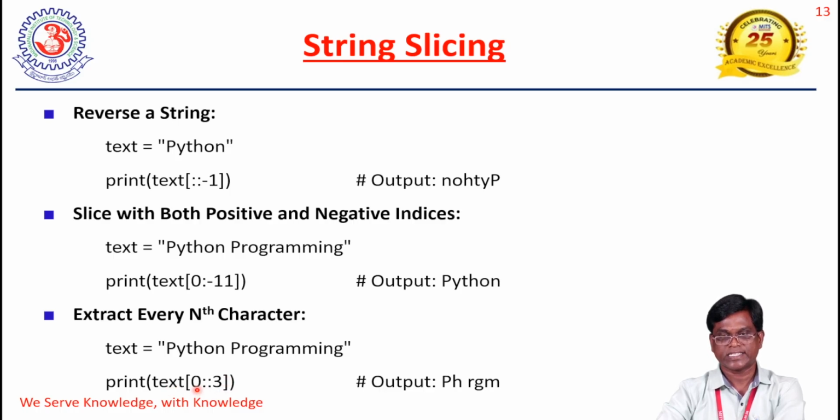The starting index is 0 and it will go up to the last character as we ignore the end index, and we have given the step count as 3, so it is going to extract every third character from the given string. The starting character is P, that will be displayed, and the next third character is H, so that will be displayed. The next third character is the blank space, so that will be displayed. Like that, through this string slicing property, I can extract every nth character from the given string.